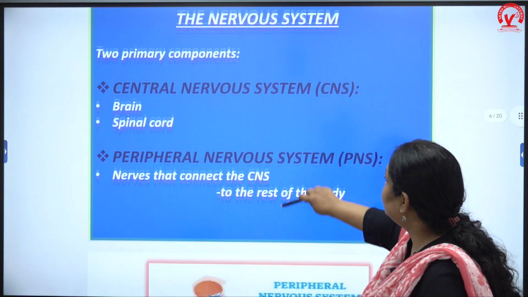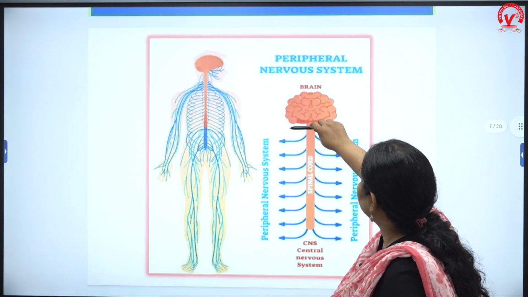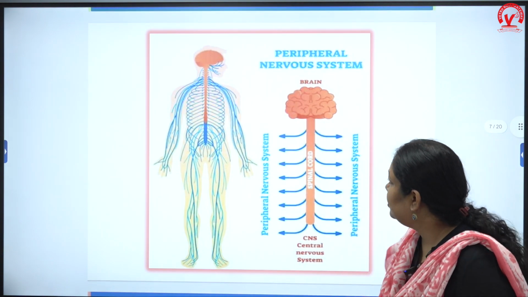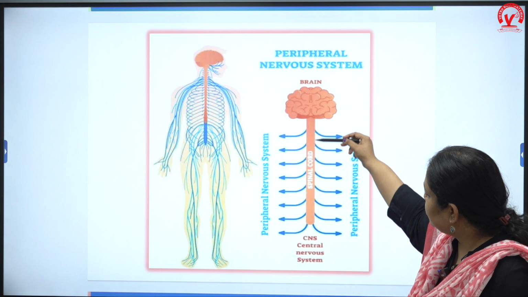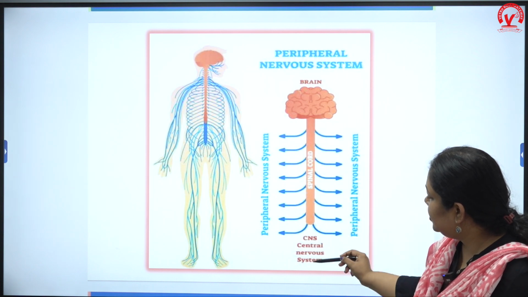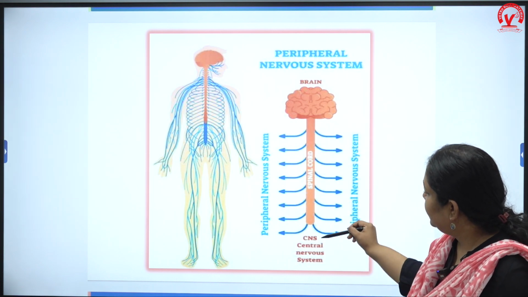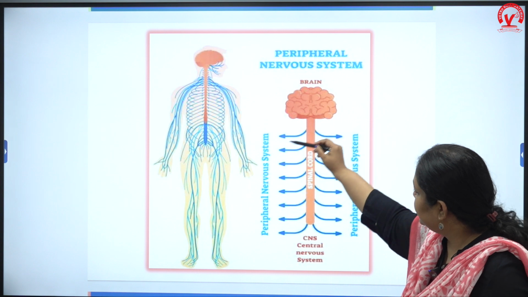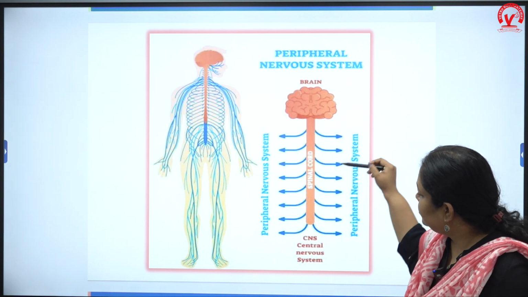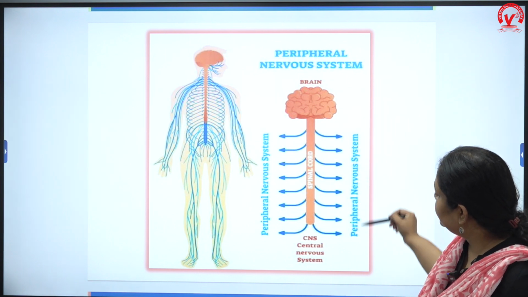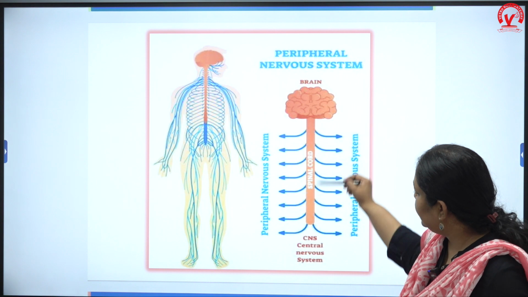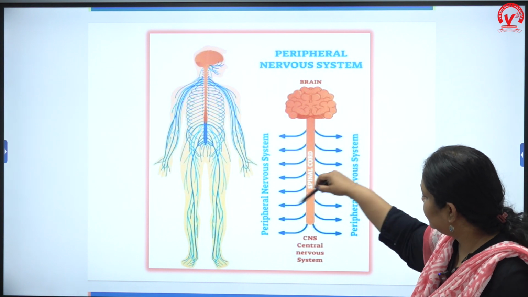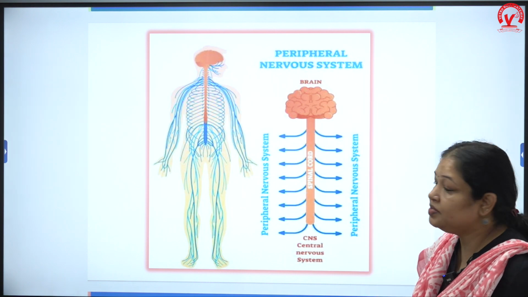I'll show you a picture. Over here, you can see it very clearly. The brain and the spinal cord are the central nervous system. And then the peripheral nerves, this is the peripheral nervous system. The brain and the spinal cord are all connected, and the peripheral nervous system is all connected.